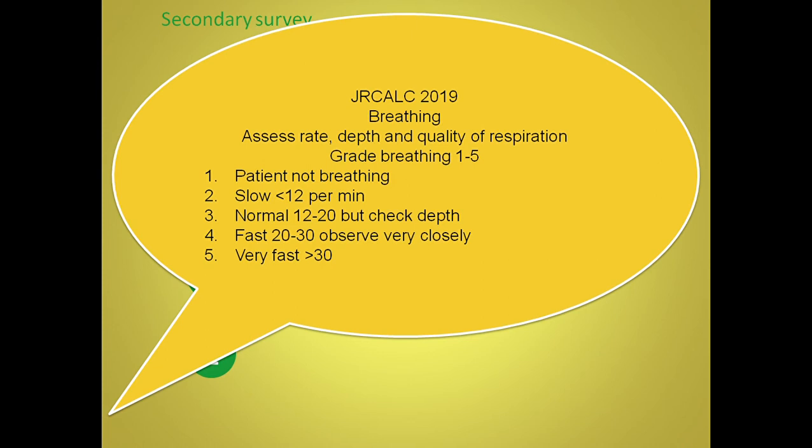Grade 2 is someone who's breathing slowly, less than 12 breaths per minute, and we may need to consider using a bag valve mask to ventilate that patient. Grade 3 is normal breathing between 12 and 20, but we're still checking that depth as well. Grade 4 is fast breathing, where we're going to observe them, between 20 and 30. And grade 5 is very fast, above 30.